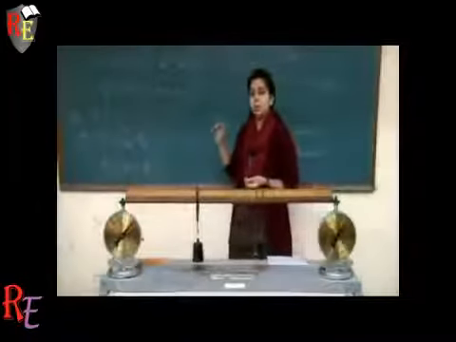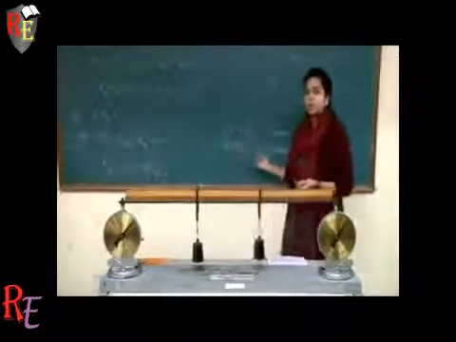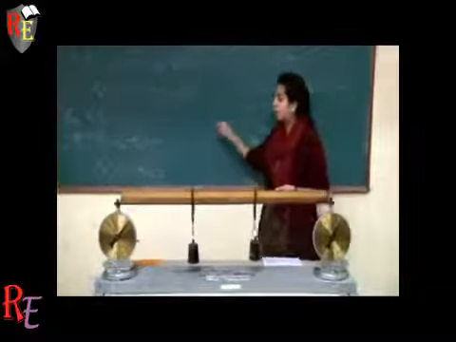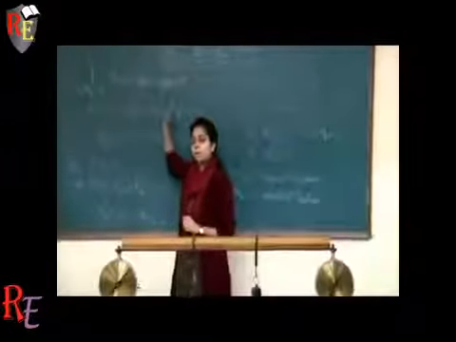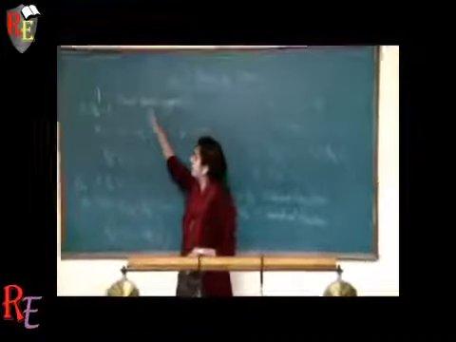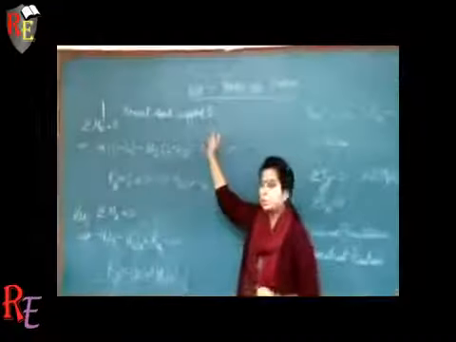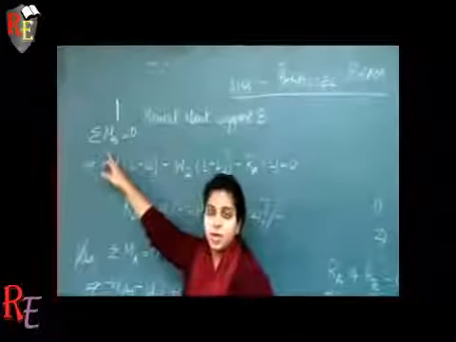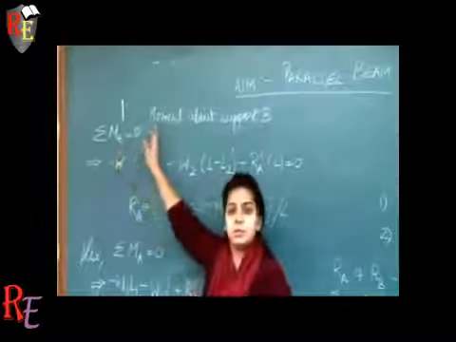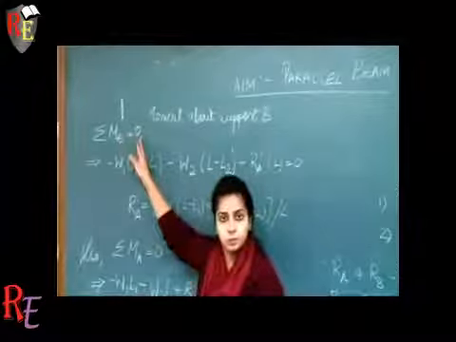Now the calculation of RA dash and RB dash, which are your theoretical reactions, is done by these equations, wherein we first apply the law of moments at support B. So the moment about support B would be summation MB, and we know that the beam is in equilibrium, so it should be equal to 0.